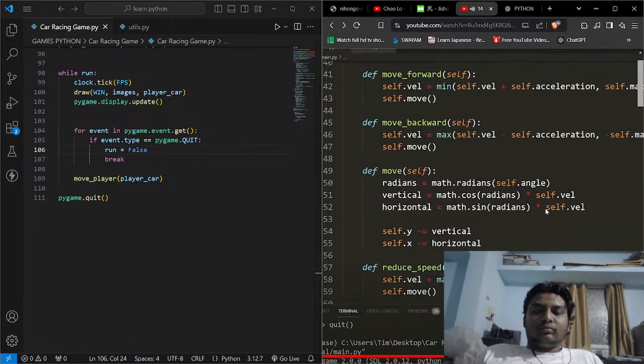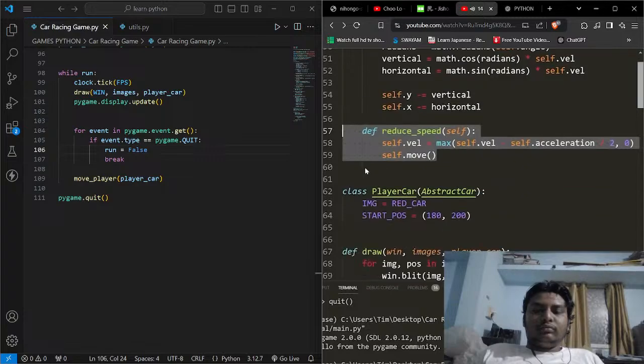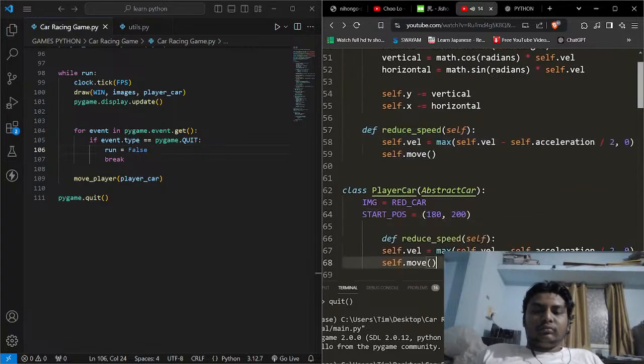And what I do is I just want to go and grab this reduce speed method here and put this inside of my car class.